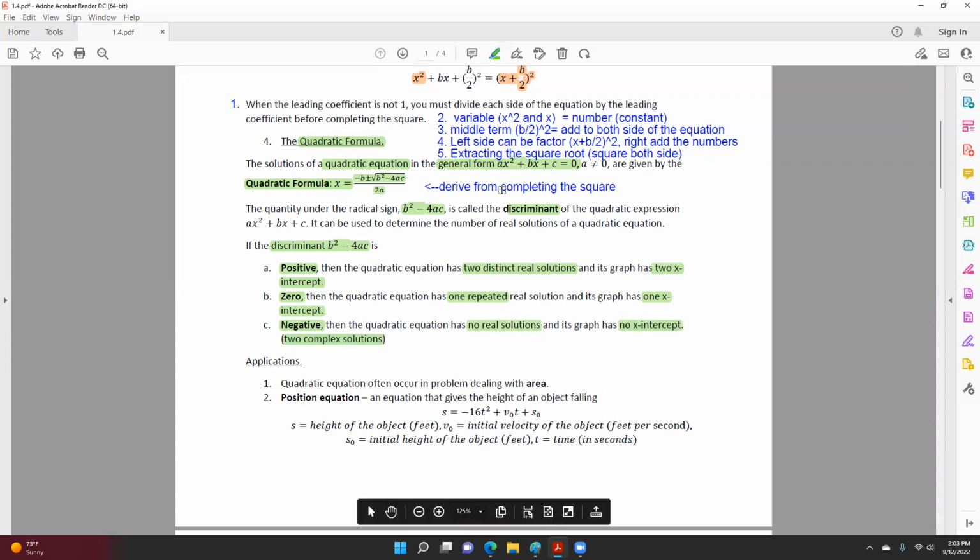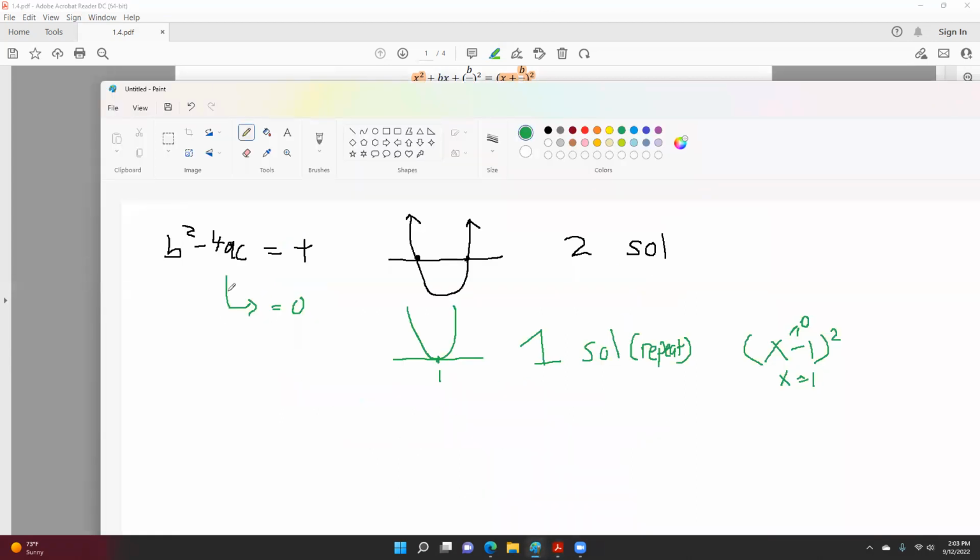And you will learn this in Wednesday's class. So if your b squared minus 4ac, your discriminant, is negative, your graph will not cross the x-axis. So you will get no real solution. Or in other words, your solution here is what we call a complex solution. And you will learn what a complex solution is.